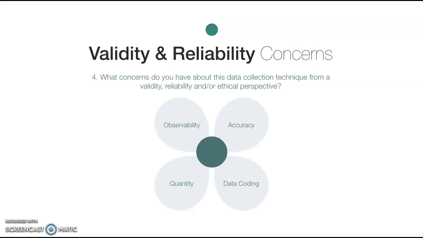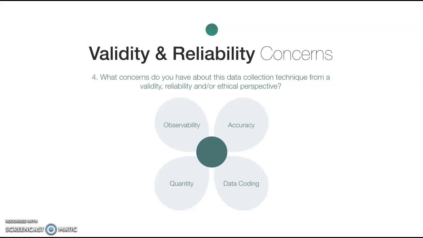And then regarding the ethical perspective, data coding is really the number one way to make this more ethically safe. I didn't see too many concerns regarding ethical matters, but make sure that you code the data or somehow ensure that the students' names will not lead back to the data.